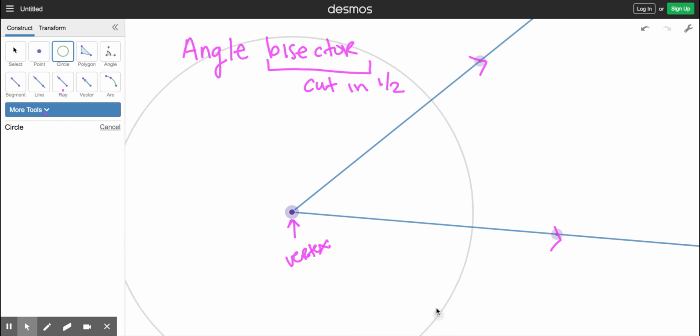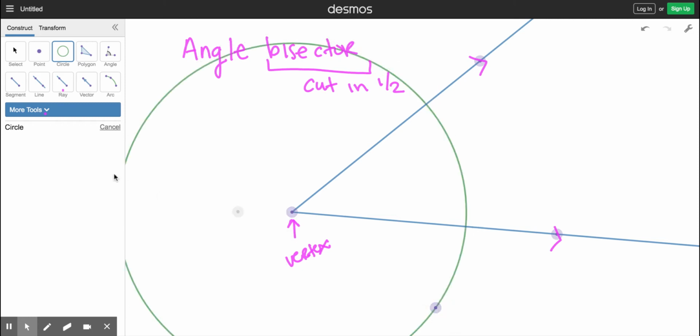So just create some sort of circle. These 2 points are going to be very helpful to us. Right, so I just created a circle that had a center at the vertex of my angle, and where the circle intersects the sides of the angle, the rays, I'm going to put points.